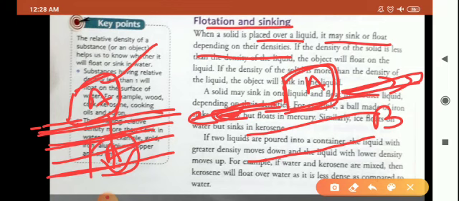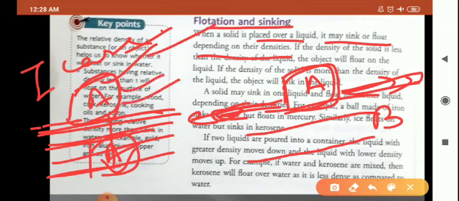Reason is that in the first case, the density of the substance A is more than the density of the liquid. Therefore, this object gets sunk inside that particular liquid.